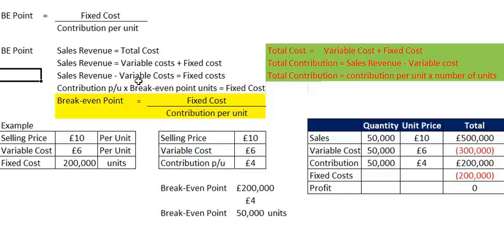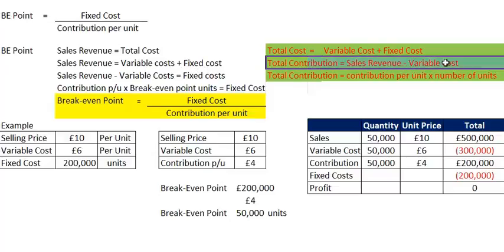Another way of writing this equation is: sales revenue minus variable cost is equal to fixed cost. You know, total contribution is sales revenue minus variable cost.